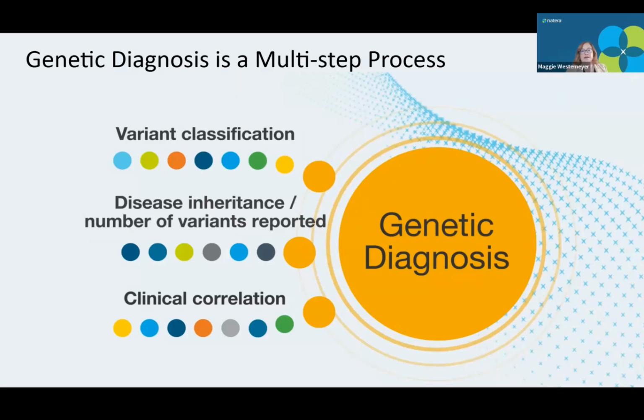But that's not the last step. The next step is the follow-up interpretation of any pathogenic or likely pathogenic variants reported on the test, in the context of the inheritance pattern of the gene and its associated condition or conditions, because as we know, some genes have more than one associated condition. And lastly comes the clinical correlation. That's your piece, where the clinician correlates the findings on the genetic test report with the patient's findings.